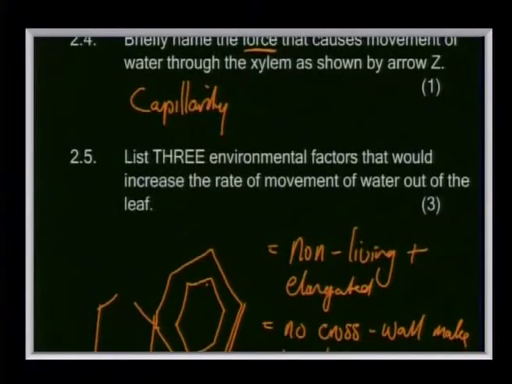And then 2.5, list 3 environmental factors that would increase the rate of movement of water out of the leaf. In other words, transpiration. Transpiration is the movement of water out of the leaf.